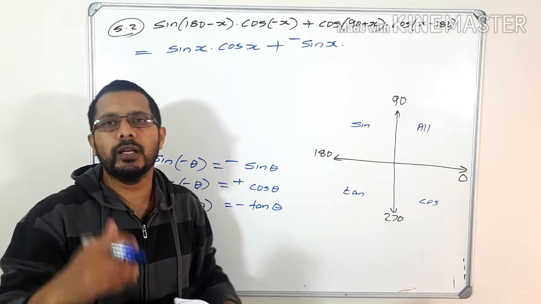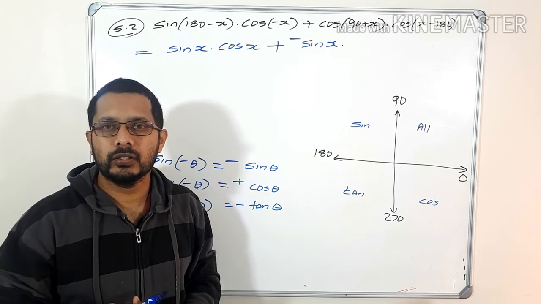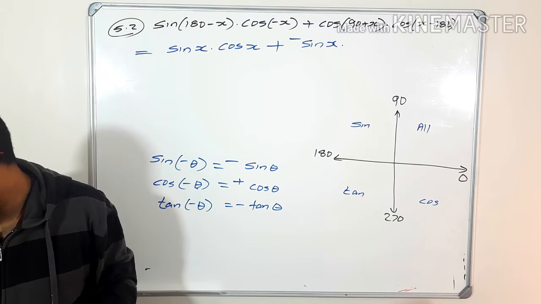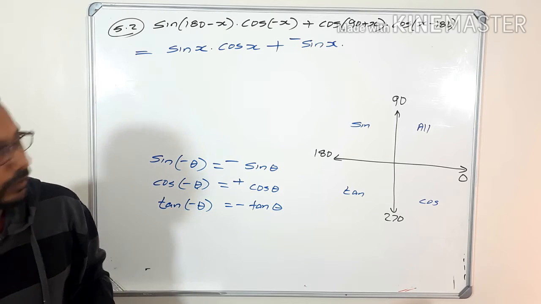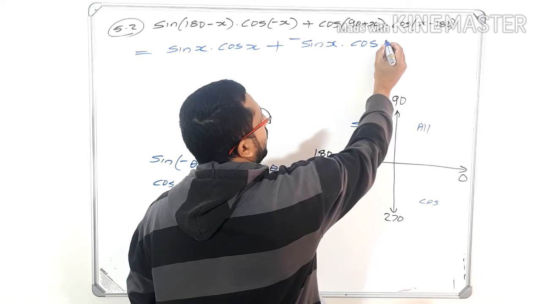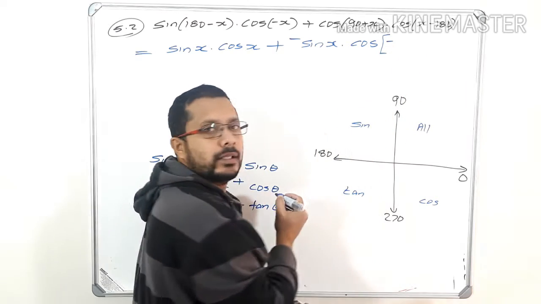You know only 180 minus x, but there it is x minus 180. So look at what I'm going to write. Cos of, here I'm going to take a minus as common factor.